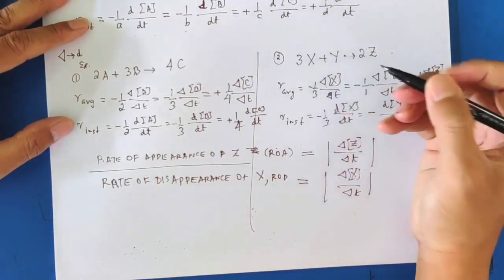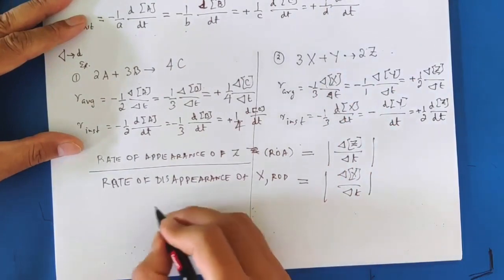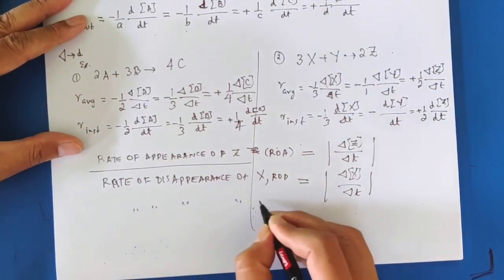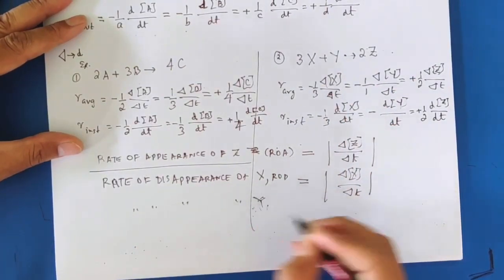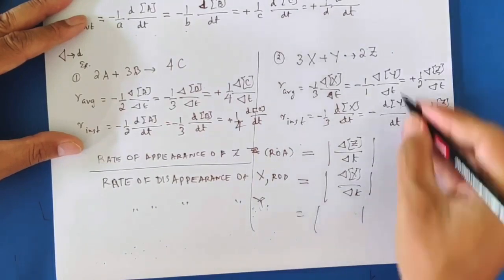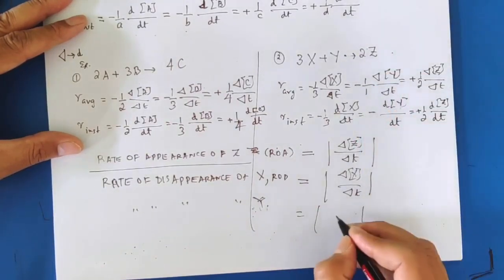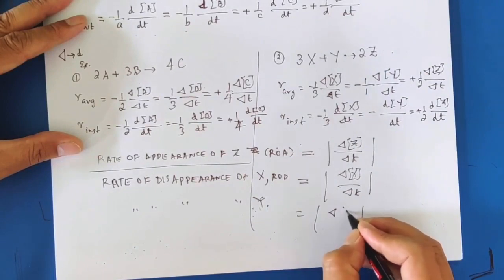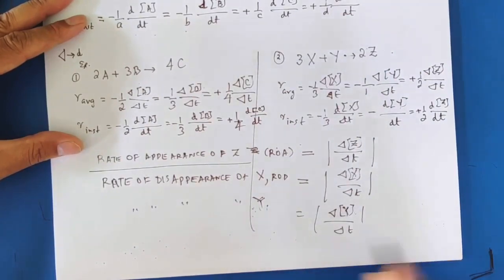Same way, the rate of disappearance of y will be the modulus of del y divided by del t.